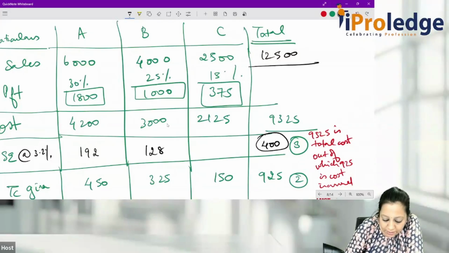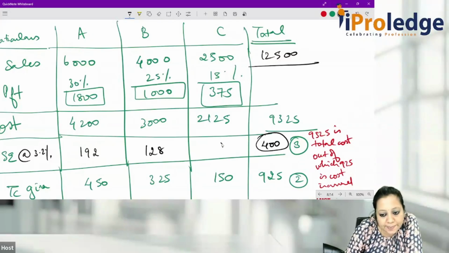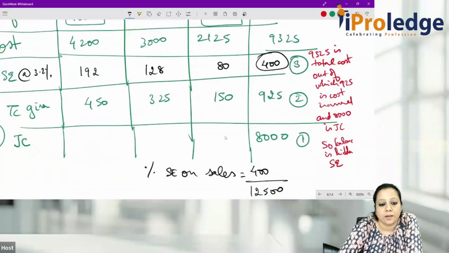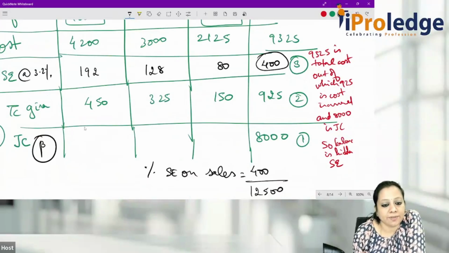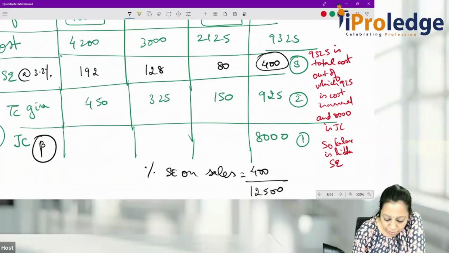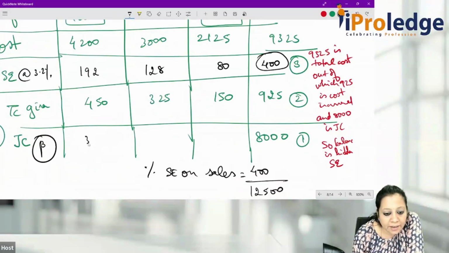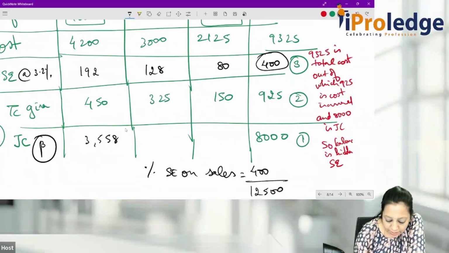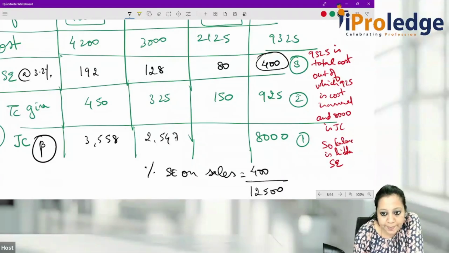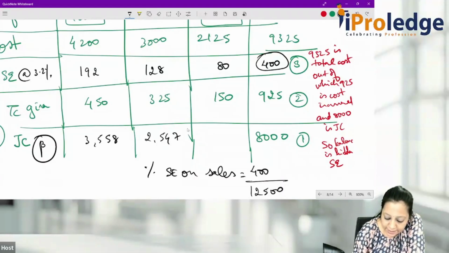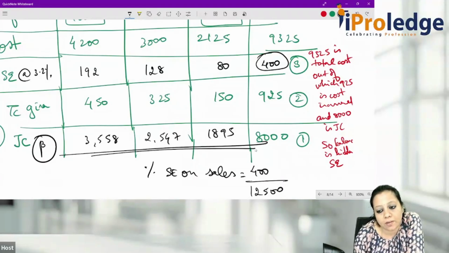And 128 plus 192 minus 400, that is 80. Now find out joint cost as a balancing figure. So 4,200 is the total cost minus 192 is selling expenses, other cost is 450, means 3,558 is the joint cost. 3,000 minus 128 minus 325, that is 2,547. 2,125 minus 80 minus 150, that is 1,895. All are done.